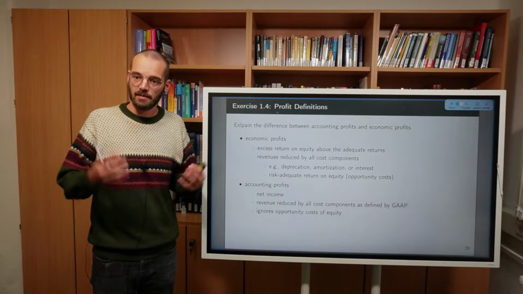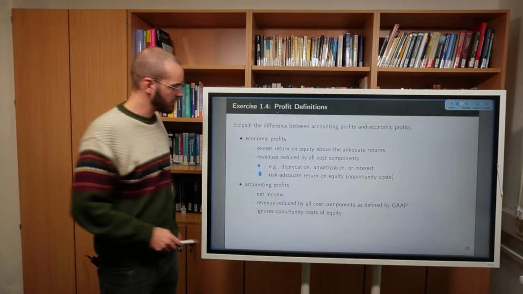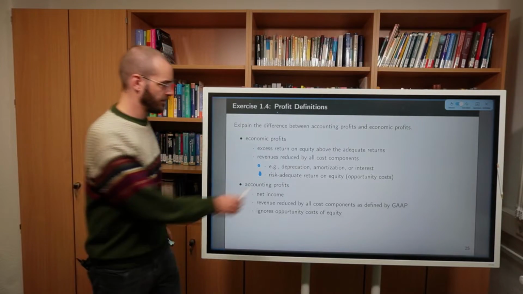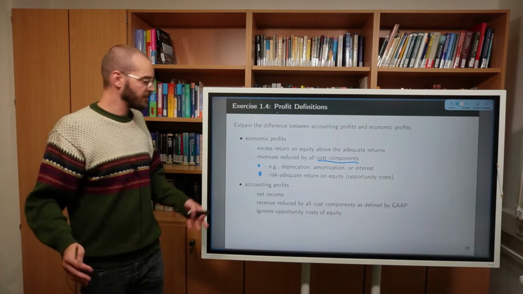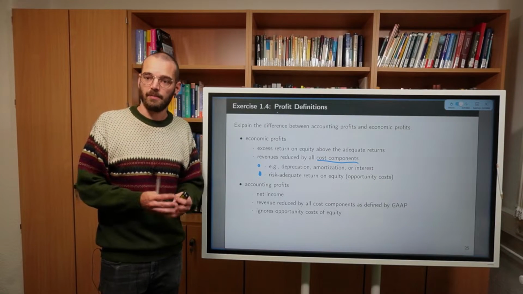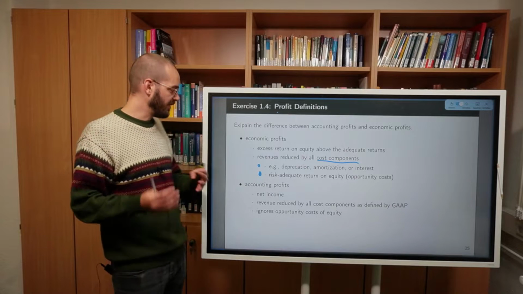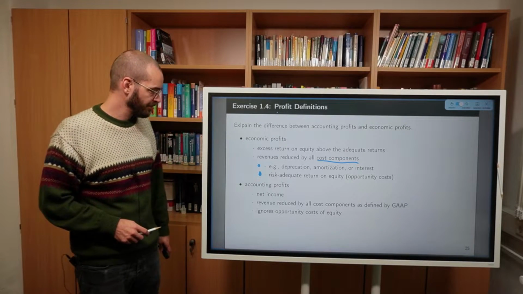Right? So we just consider all of these cost components to be included in the cost function. And whatever is left after considering all of these cost components, well, that is what we understand under economic profits.